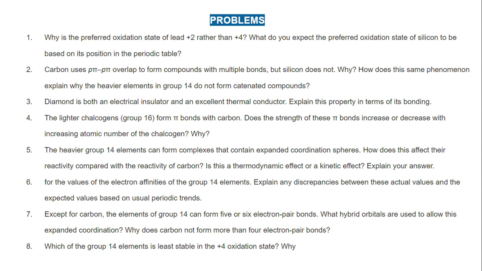Likewise, here we see some of the very important questions and general questions, like why the oxidation state of lead +2 is preferred rather than +4, and similarly why a group 14 element is least stable in the +4 oxidation state, as this has to be explained, and chalcogens, then heavier group 14 elements, then questions related to the bonding, different types of bonding of these various compounds of carbon and other elements.